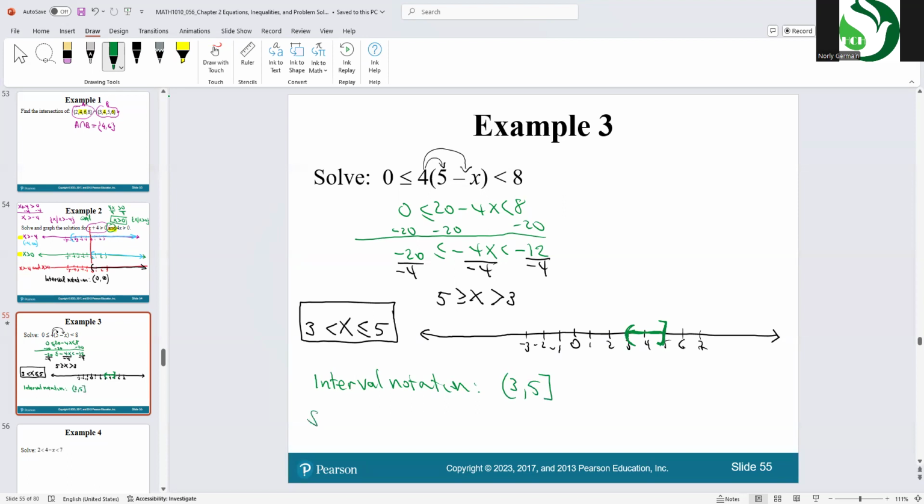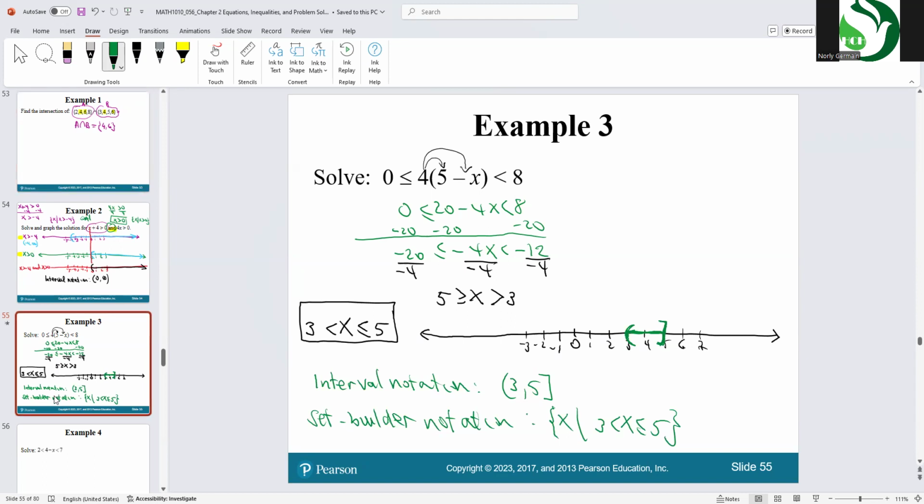If they asked you to write set builder notation, they don't ask here, but if they did, you could write x such that x is between 3 and 5. That's the set builder notation: the set of all x such that x is greater than 3 and less than or equal to 5.